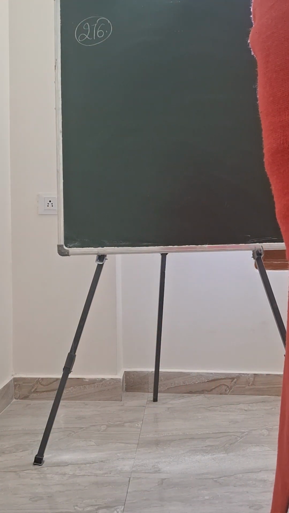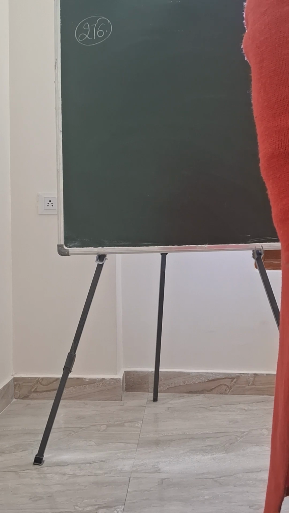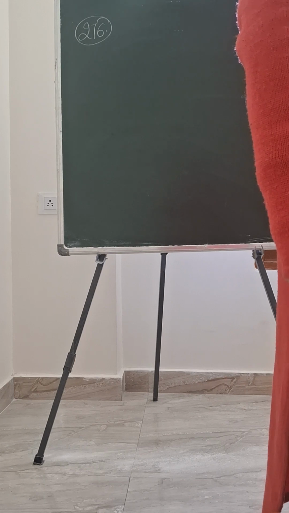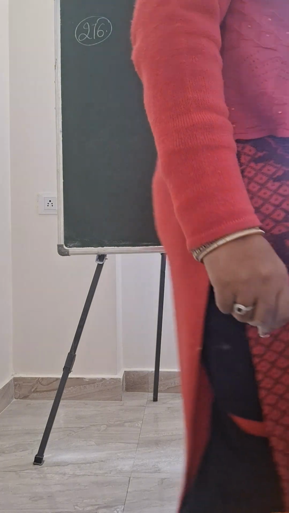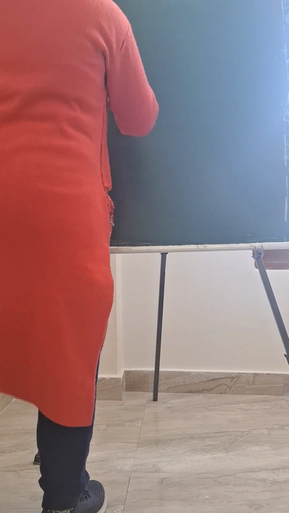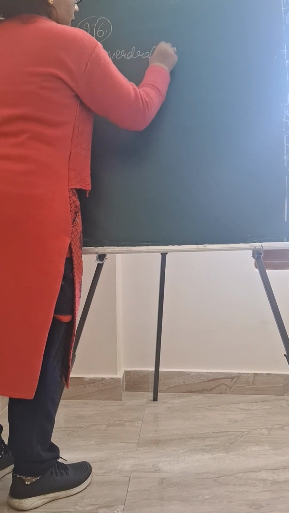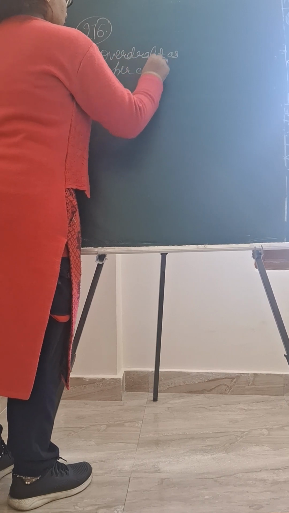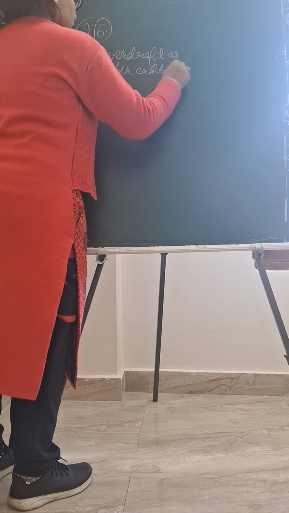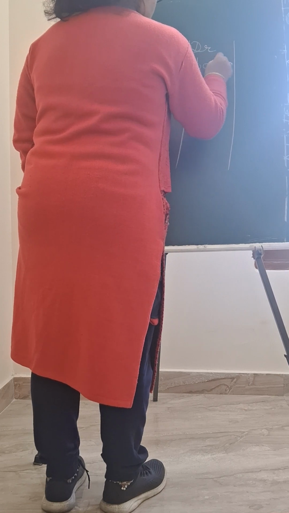Overdraft as per cash book. Checks issued but not presented in balance as per passbook will be. So this is a very easy question. Overdraft as per cash book will have which balance? It will have a debit balance. Amount is 1,000.